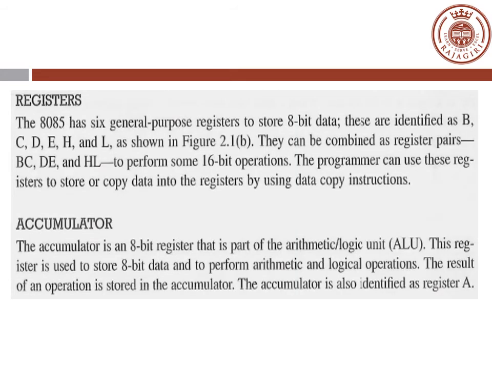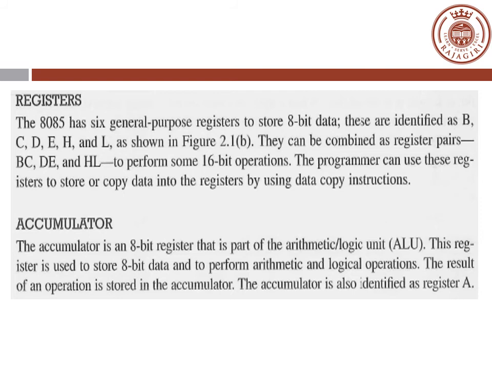And coming to the registers, it has 6 general purpose registers, and each register can hold 8-bit data. The 6 registers are B, C, D, E, H and L. If you are going to perform a 16-bit operation, you can use pairs of registers: BC combined together, DE combined together, HL combined together, which can be used for 16-bit operations. And the accumulator is a register which is a part of the ALU.